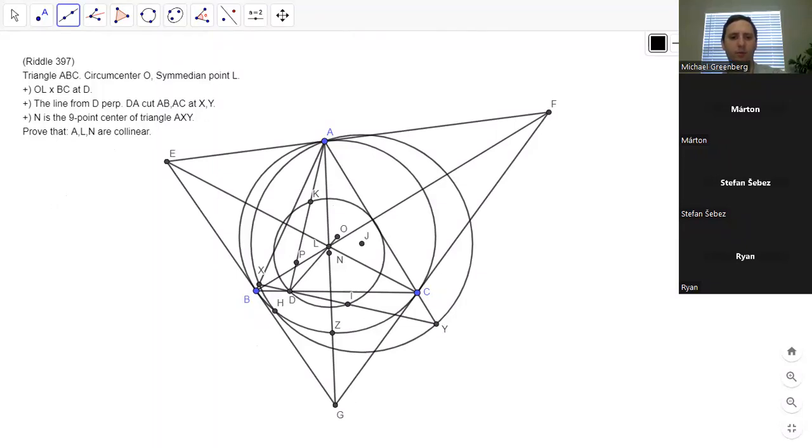Yeah, this looks like a hard problem. We could try for another like 15 minutes maybe, but it doesn't look easy.